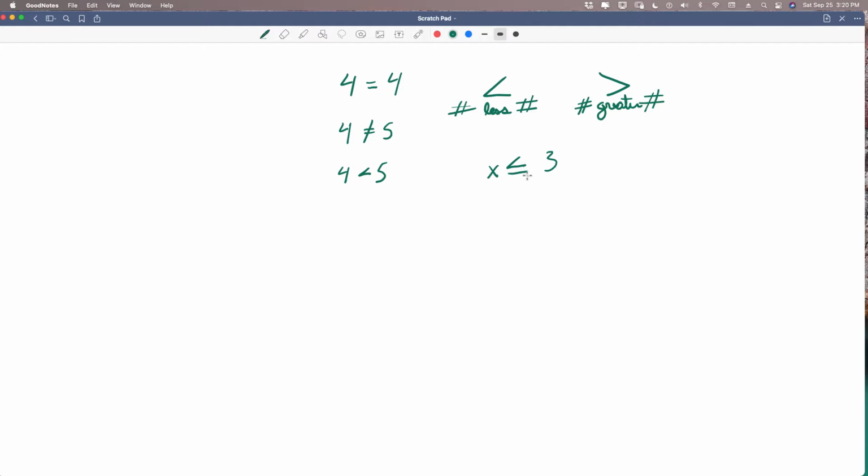Okay, so as you can see, I've added a little line underneath our less than statement. That means less than or equal to. And if I do it to the greater than sign, it means greater than or equal to. Now, the opposite of those are each other, but then you could also negate that by saying it's not less than or equal to, or it's not greater than or equal to.